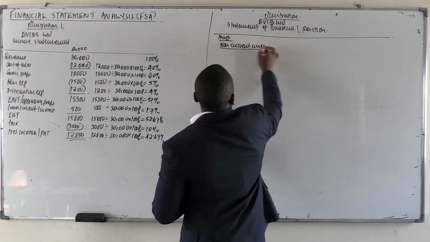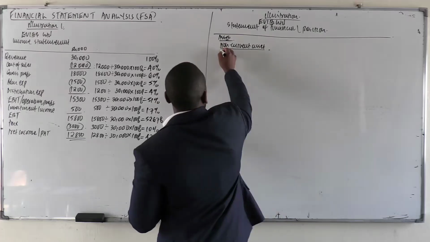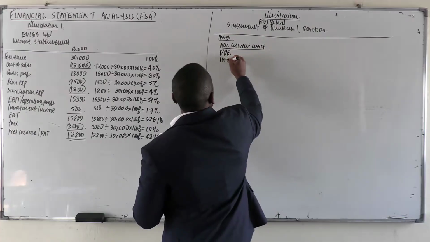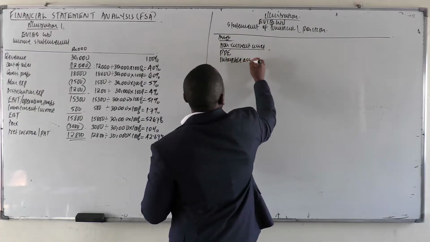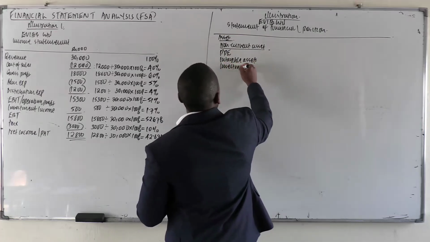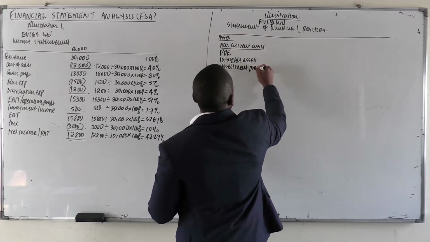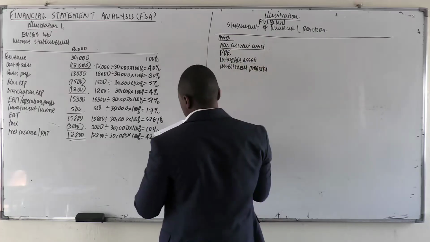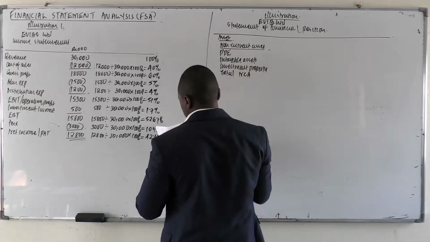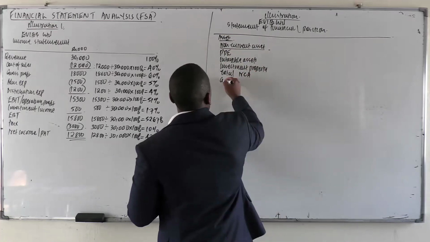So we have the non-current assets, whereby we have PPE, the intangible assets, then investment property. That's how we get the total non-current assets. Then we have the current assets.